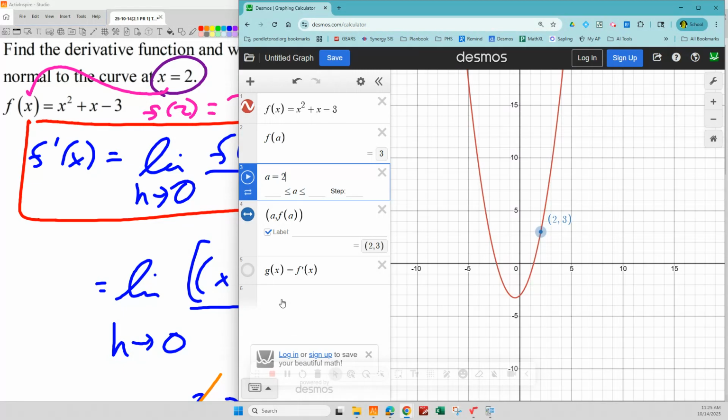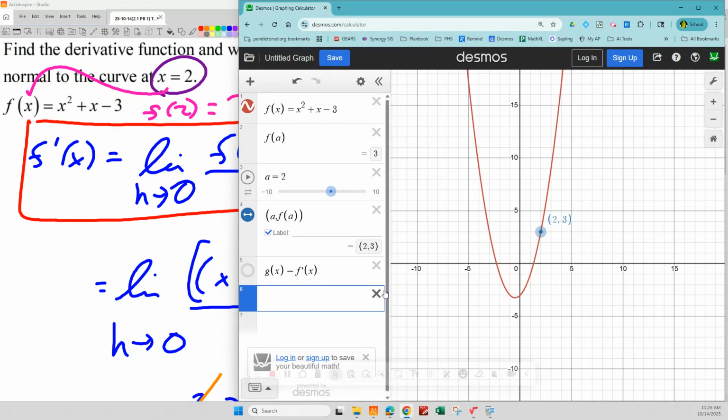So now if I wanted to come up with the equation of a tangent line, I don't even have to be fancy and write this in slope-intercept form. I can just write it in the form of a linear equation. It doesn't have to be simplified. So I could just leave it in point-slope form, right? So what is point-slope form? Y minus, what was it again? Right, y1, which is going to be f of a, isn't it?